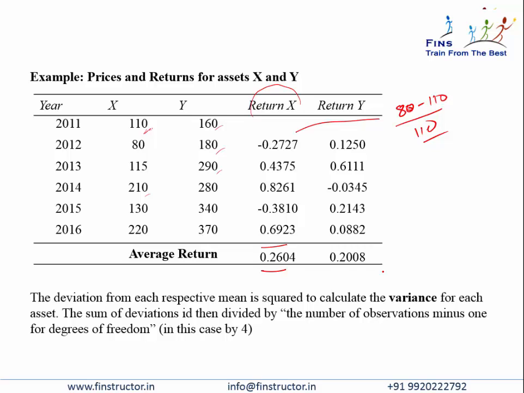They will give you a very detailed explanation of how to calculate the correlation and the covariance between the two assets. So just remember that the sum of the deviations is divided by the number of observations minus 1, that is n minus 1 if we are working with a sample, so as to calculate the covariances, the standard deviations and the variances.